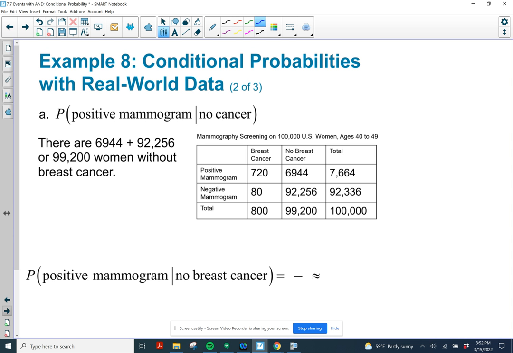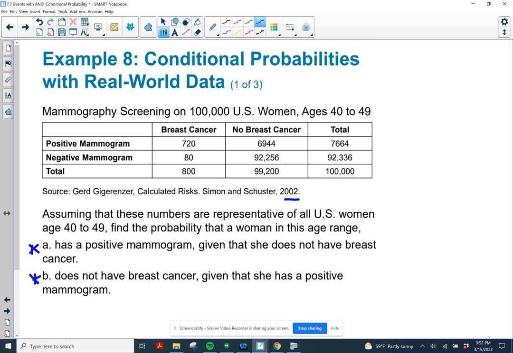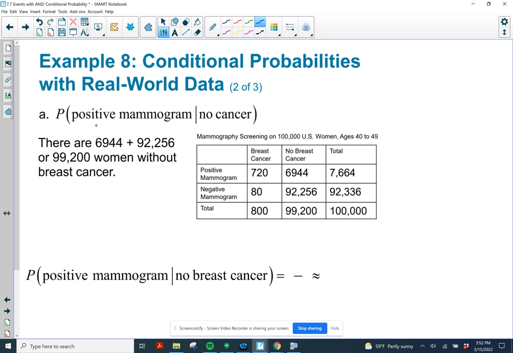So part A. The probability of a positive mammogram given that there is no cancer. Look back at it: positive mammogram given that she does not have cancer. We're going to abbreviate our notation a little bit here.